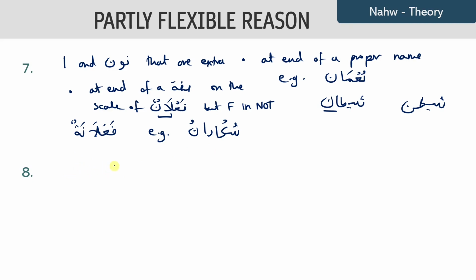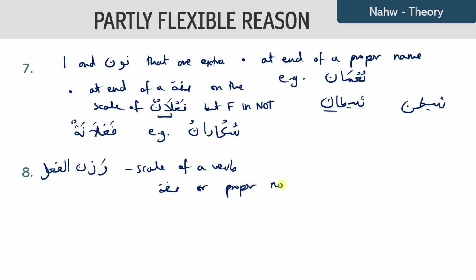Number 8 is waznul fi'li, which I have mentioned somewhere at the beginning. So this is the scale of a verb. This is when a sifa or a proper noun is on the scale of a verb.